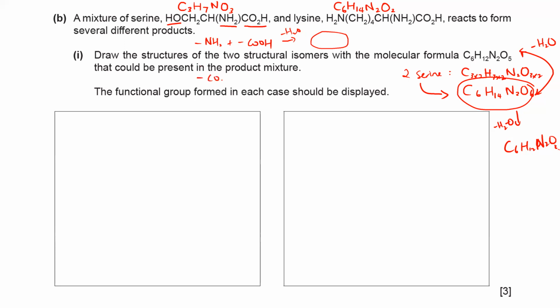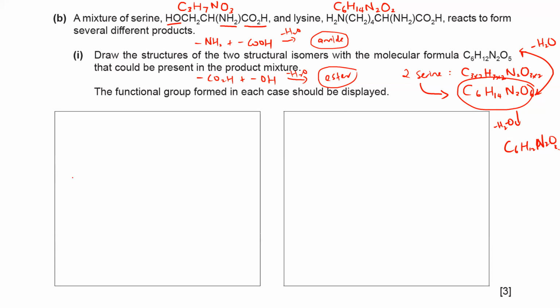COOH, the carboxylic acid, can also react with alcohol. Also remove 1 water and we get a bigger molecule. Now this product will be an amide and this will be an ester. So this will be the structures of the two isomers that we need to draw.